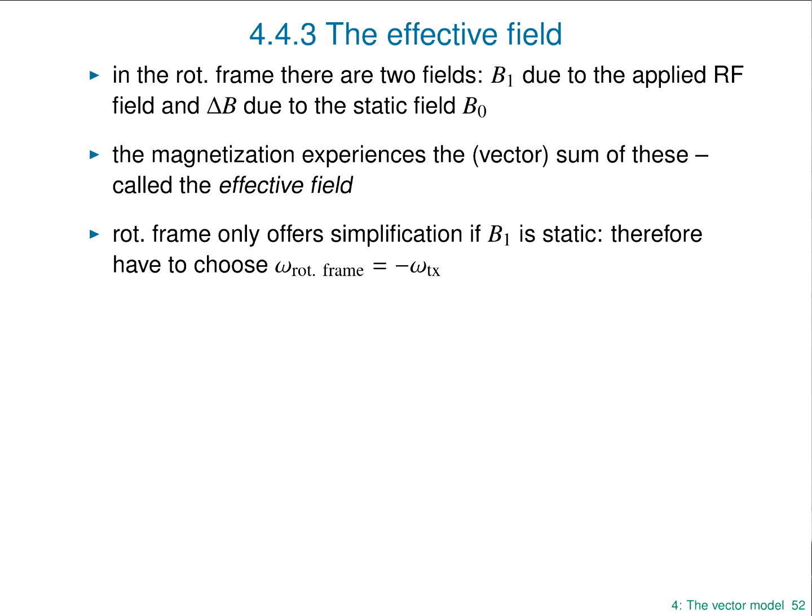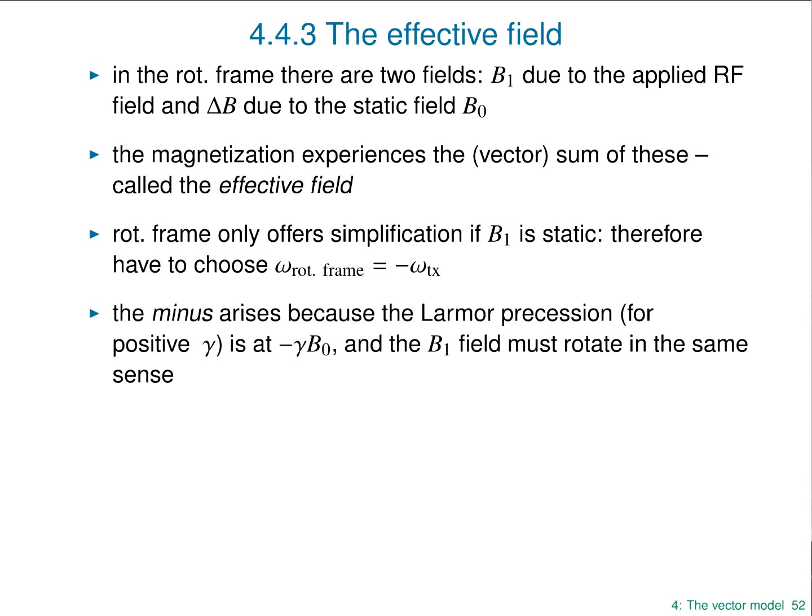Now, we have to choose the rotating frame frequency to be equal to the transmitter frequency, because it's only when you do that that you end up with the rotating field becoming static. And remember, because we chose this component B1 minus, it actually goes round at minus omega Tx. The minus comes about because of the Larmor precession being at minus gamma B naught.